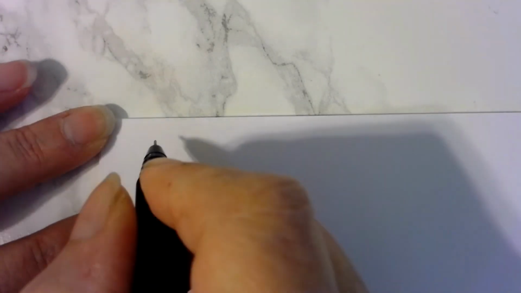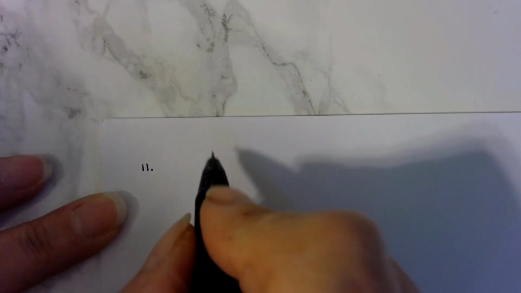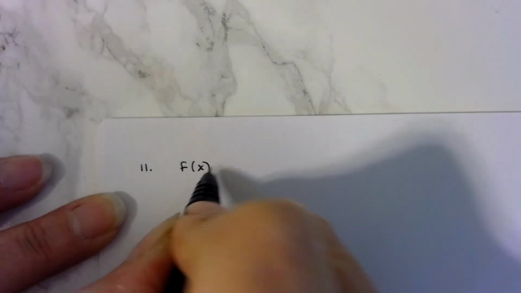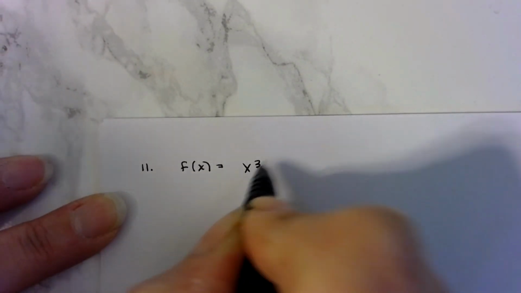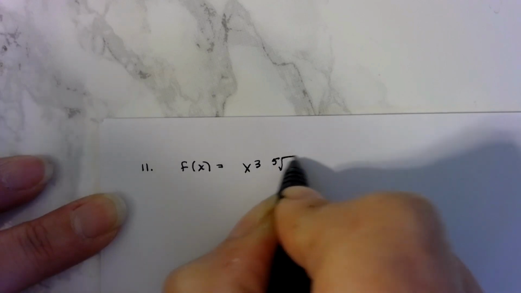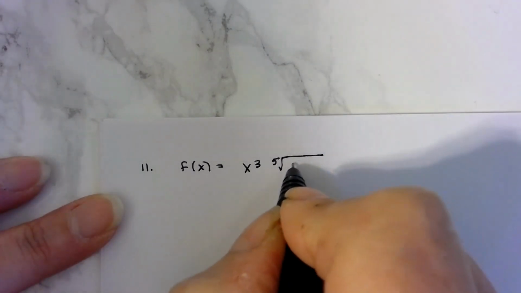Number 11. Paper, where does it begin here? 11. So in number 11, we have f of x equals x cubed times the 5th root of 2 minus x.